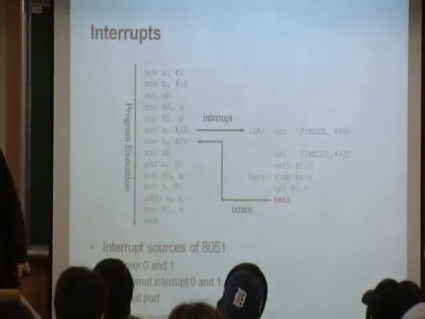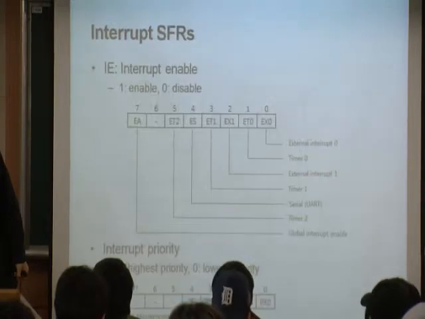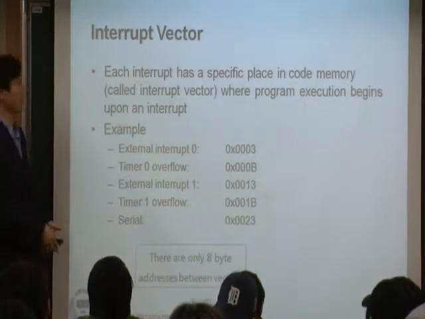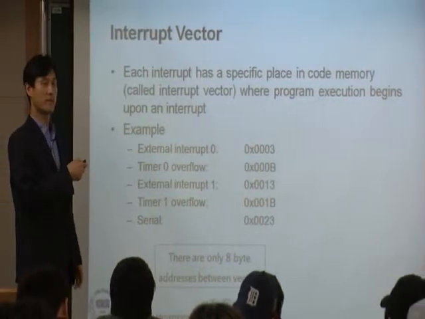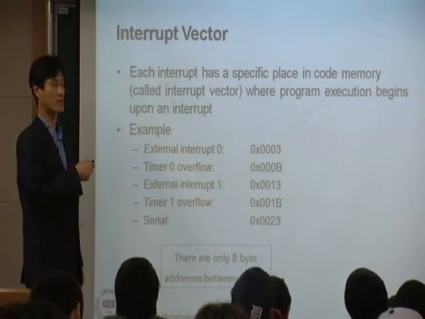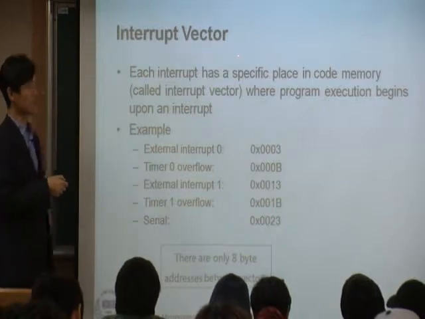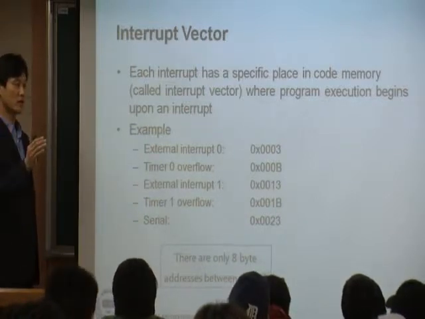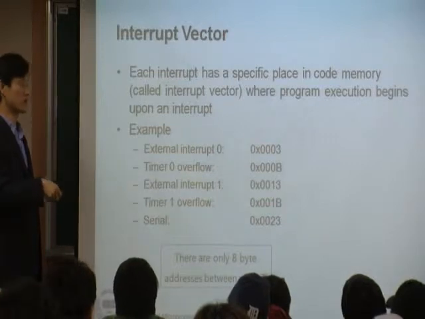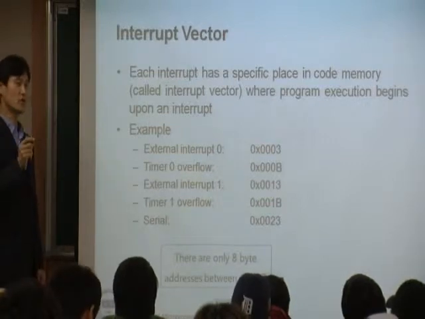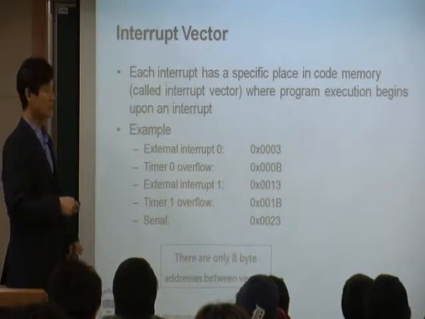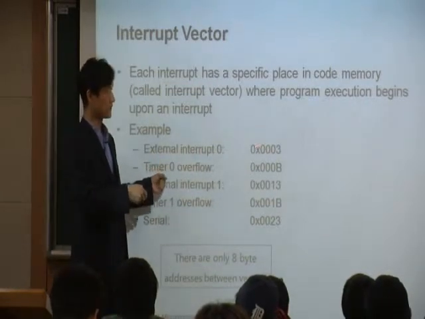So therefore, we have the interrupt vector. This is the destination of your jump. Whenever you have an interrupt, you're going to jump to this particular address. So if your interrupt, for example, is external interrupt 0, then you jump to here.